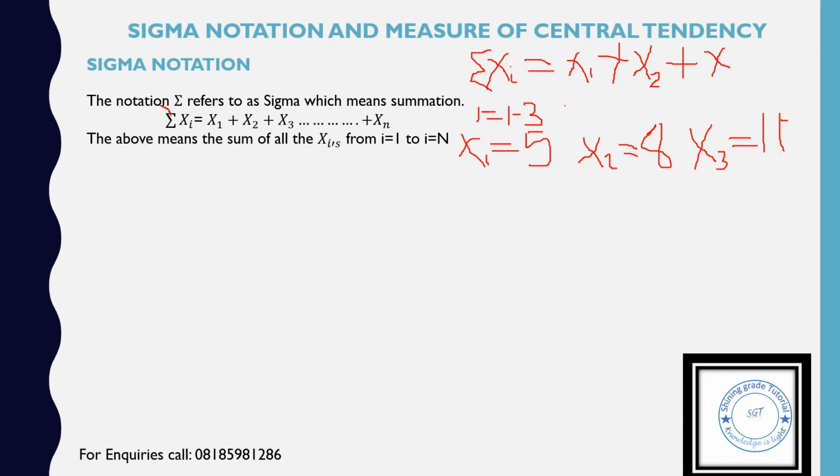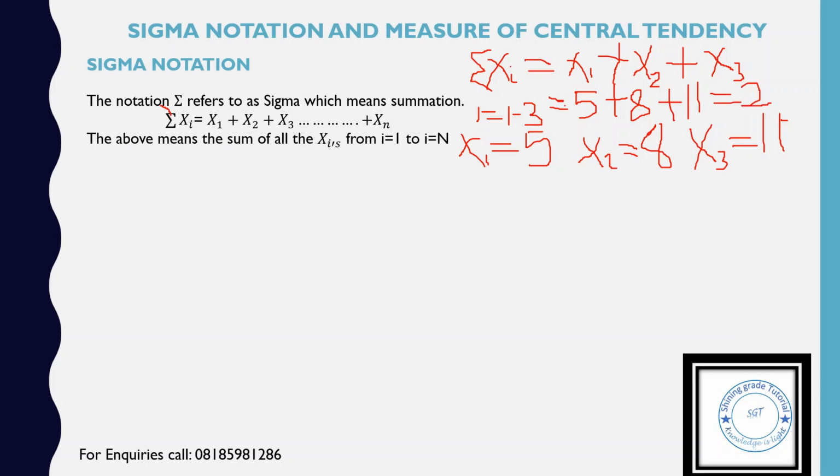That will simply be the summation, and that will be equal to, so what is our x1? x1 is 5, plus what is our x2? x2 is 8, plus what is our x3? Our x3 is 11. So in all, we have 24 as our final answer.